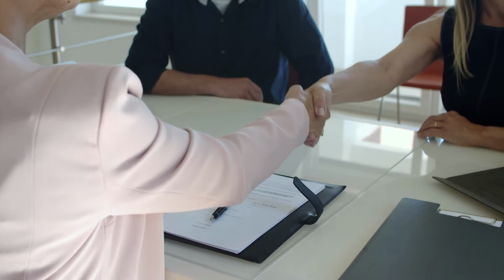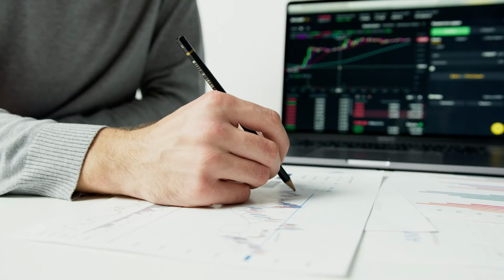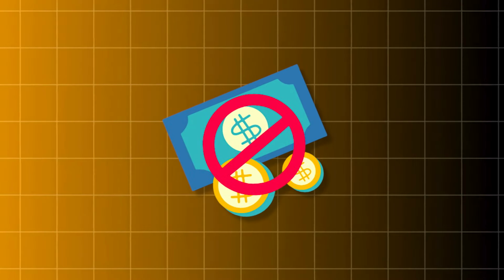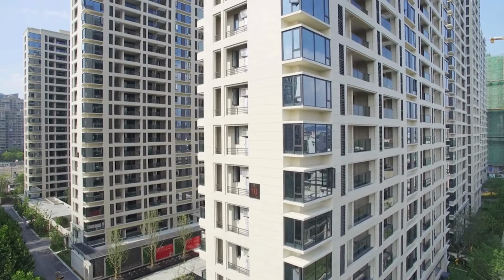Suppose you bought that property without reading the fine print, only to realize you're not allowed to do serviced accommodation in that property. That investment then becomes one that may not give you the return you anticipated or forecasted.